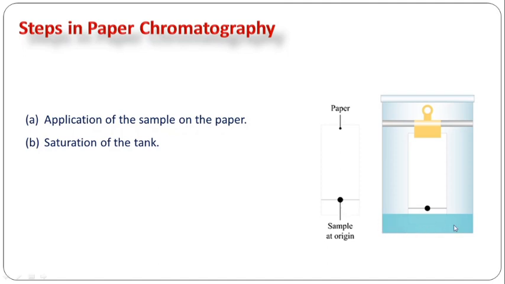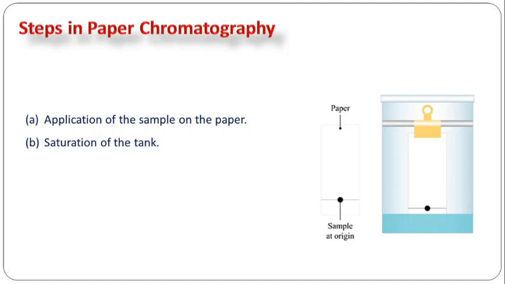Then you hang this paper in that solvent in such a way that your sample is not deep in the solvent, but above the solvent. Then, as per requirement, you put a filter paper into the tank. What will happen is that the other filter paper absorbs the solvent.